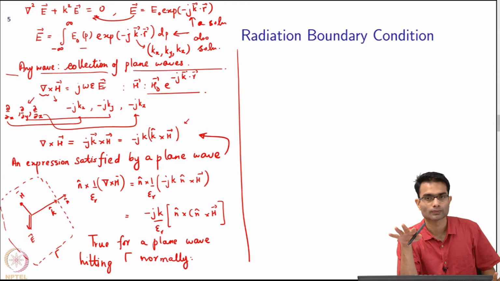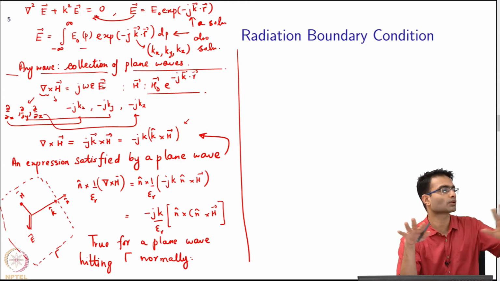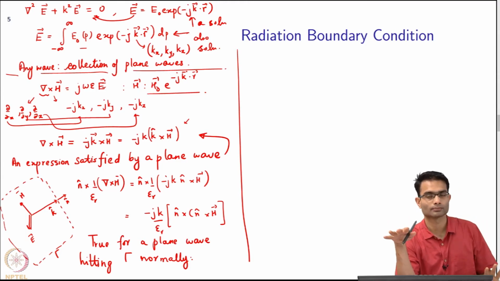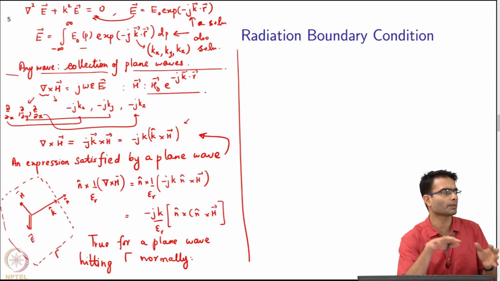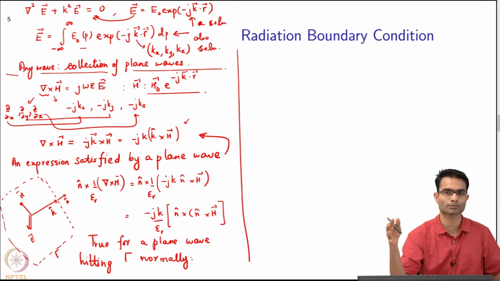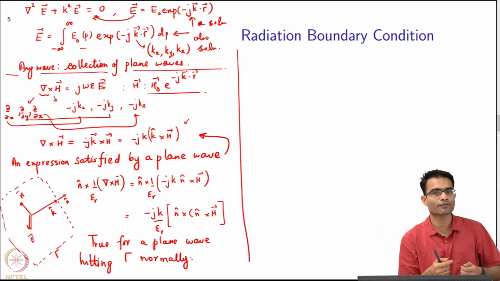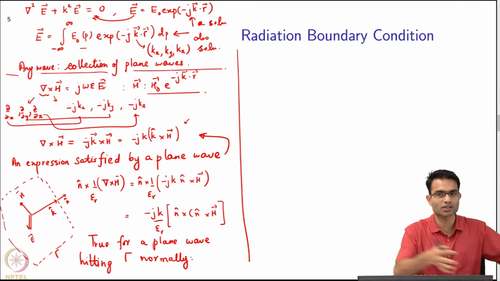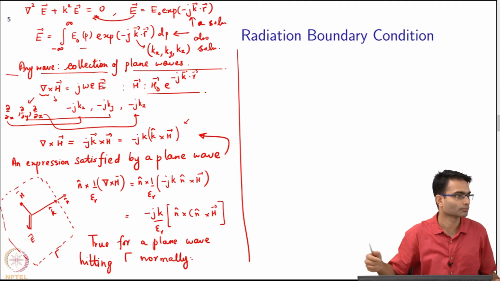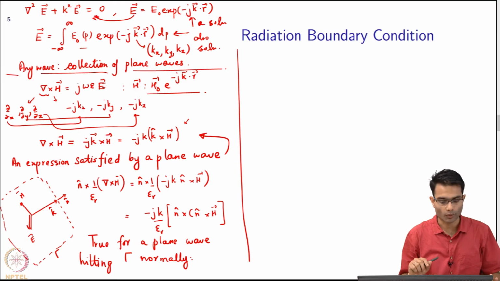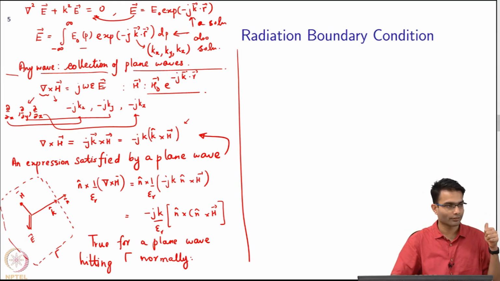So this epsilon is at the boundary, in the neighborhood of the boundary. It may be vacuum or some homogeneous medium like water. Let us say you have a radar wave travelling underwater and the antenna underwater, then it is the homogeneous epsilon of water, whatever it is. But first of all, I need to have a plane wave, and next, the plane wave should be hitting the boundary normally.